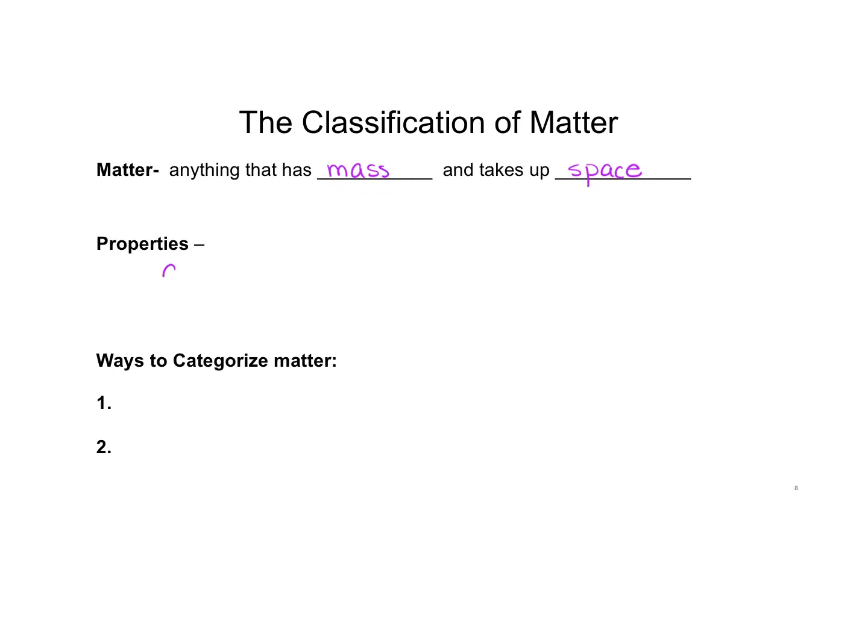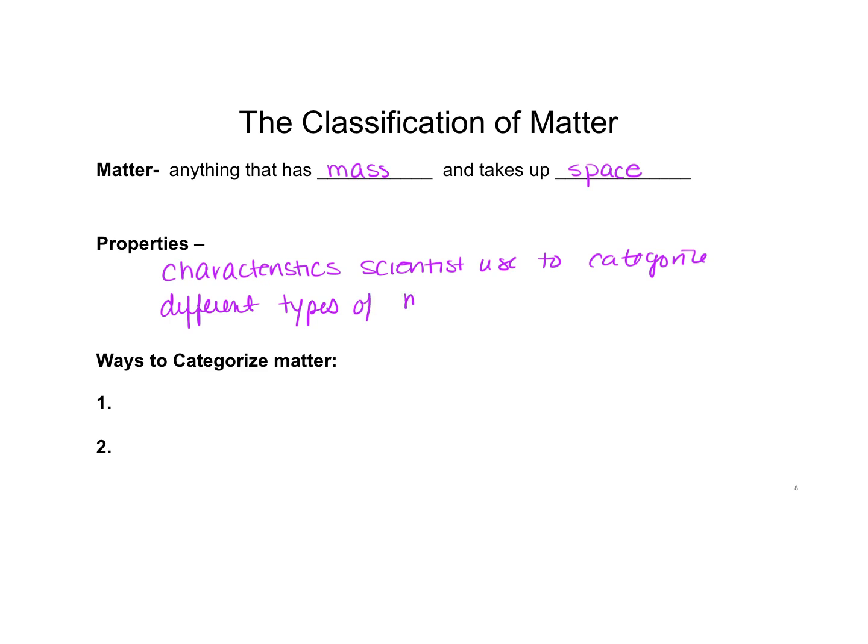Properties are just the characteristics scientists use to categorize different types of matter. There's a couple ways we can categorize matter. We can categorize it by state. This is things like solid, liquid, and gas, or by composition. And that's what we're going to talk a little bit about in the next few slides.